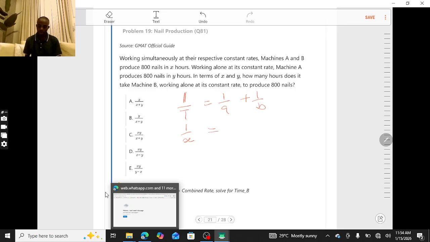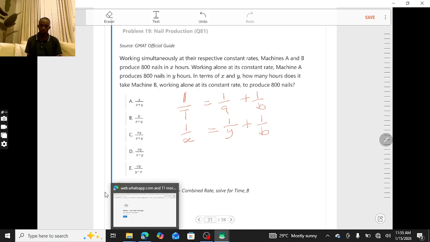So let's go. Working alone at its constant rate, machine A produces 800 nails in Y hours. So A now is Y. Then we are still looking for B, so let's leave B where it is. I think basically what we need to do here is to make B the subject of the formula.